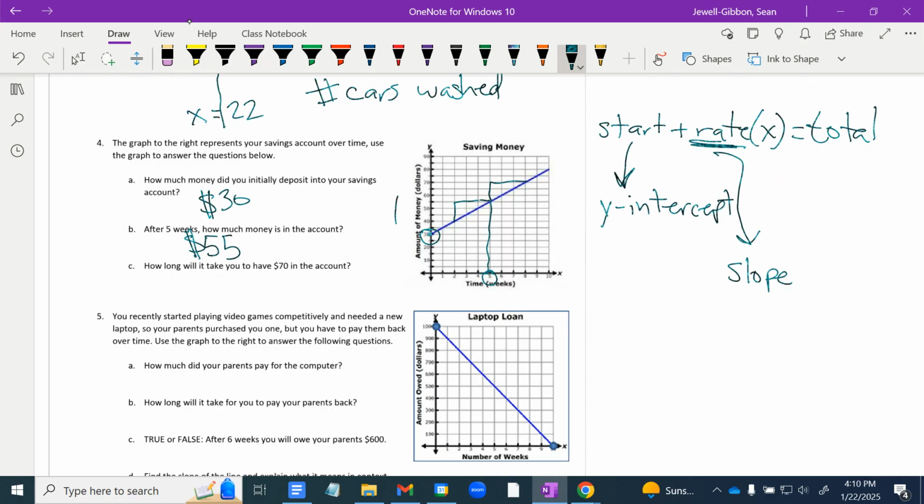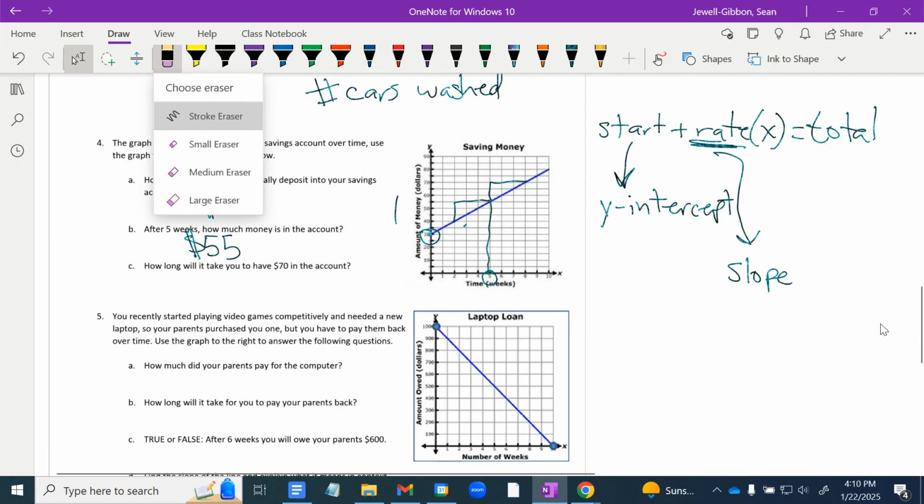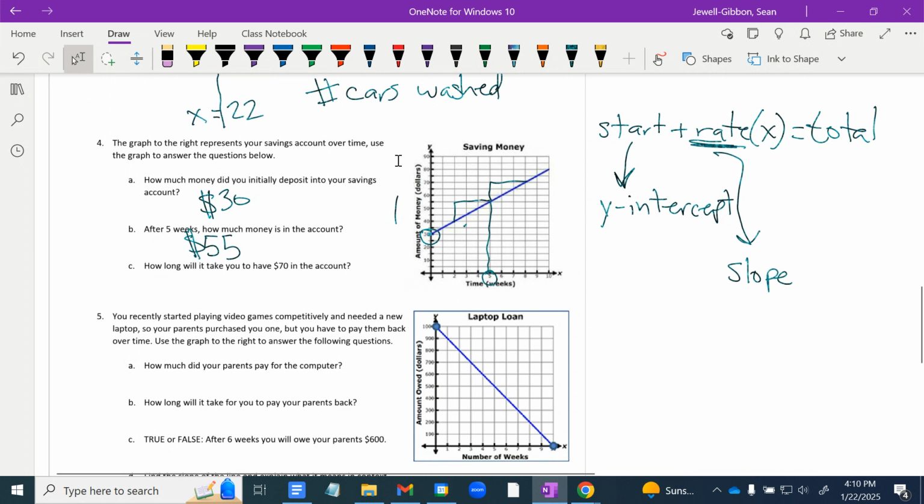All right, how long will it take you to have $70 in the account? So this time we're doing a very similar thing. Again, the only difference here is instead of being given an input, so now we know about functions, we know that our horizontal axis here is our input axis. Now we're actually given an output.